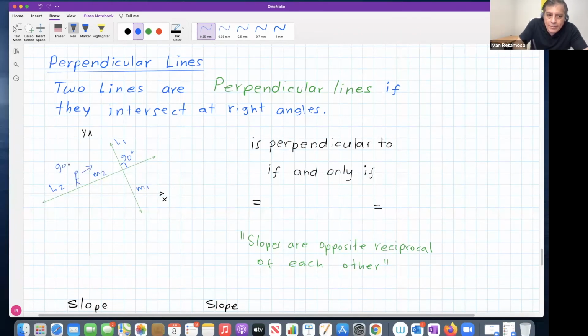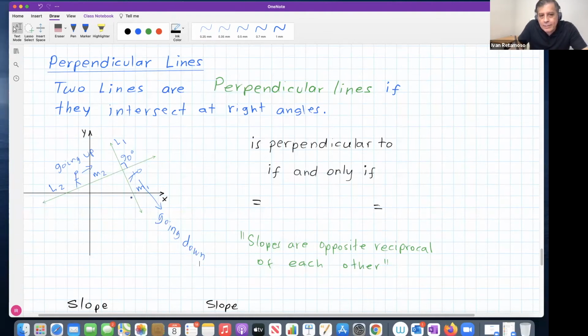Going up, right? If you walk along this other line from left to right, what's happening? Going down. So the first thing to notice is that if this line is increasing, the perpendicular line will be a decreasing line, right? So the signs of the slopes must be opposite to each other. If this slope is positive, this must be negative, right? And vice versa.